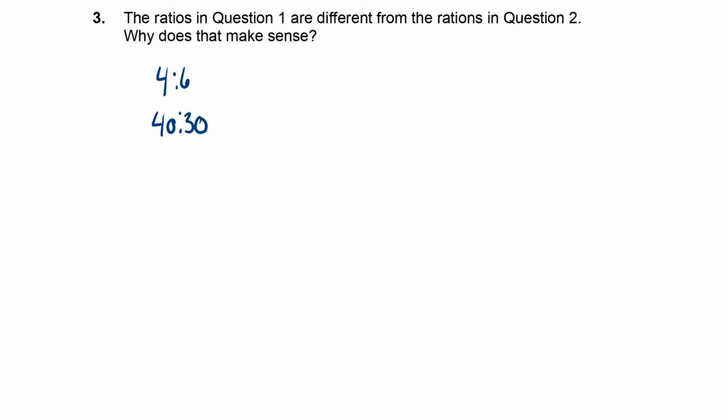Because each of the nickels was worth less than each of the dimes, the 4 was multiplied by 10 and the 6 was multiplied by 5. If you're multiplying both sides of the ratio by different values, it's going to change the ratio. The number of coins in each category stayed the same, but the amount each was multiplied by was different, and that gave us a different ratio.